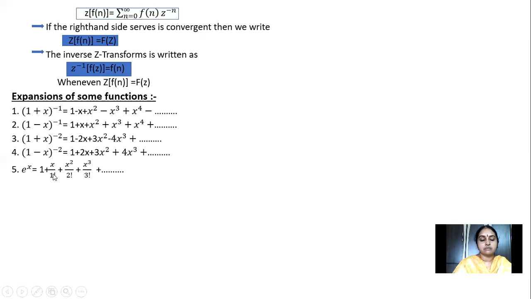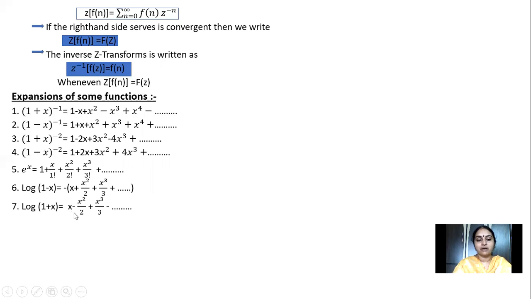E power x expansion is 1 plus x by 1 factorial plus x square by 2 factorial plus x cube by 3 factorial and so on. Log of (1 minus x) is minus of x plus x square by 2 plus x cube by 3 and so on. Log of (1 plus x) has alternate plus and minus signs, whereas log of (1 minus x) has all minus terms. Next, e power i theta is cos theta plus i sin theta.